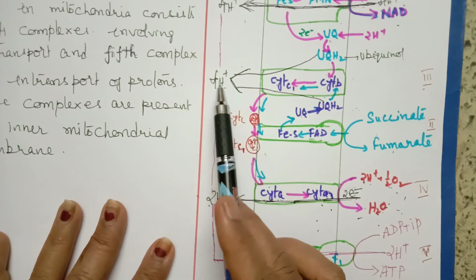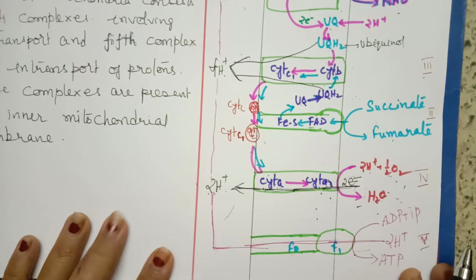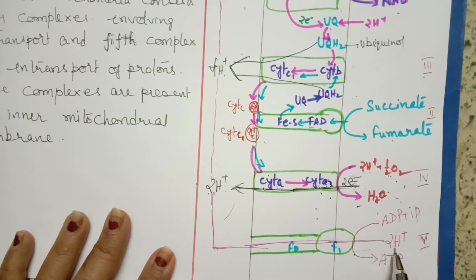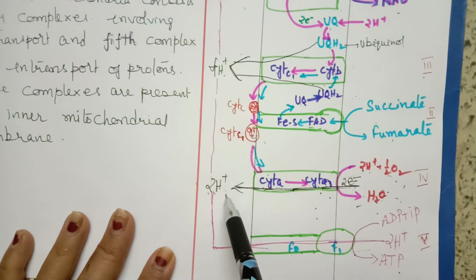For movement of every 2 protons through this F0 F1 channel, F0 is a proton channel, F1 is a site for ATP synthesis. So for movement of every 2 protons, there is synthesis of ATP. Whatever protons are accumulated in the intermembrane space, the proton gradient is produced, and that proton gradient is broken by this F0, F1 complex.